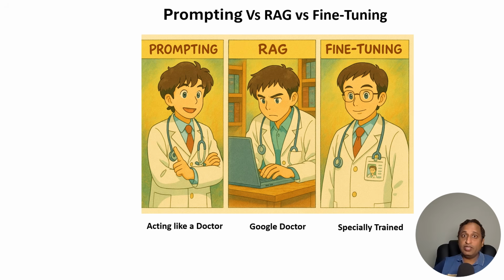While this is great, a lot of times you might get data which is not relevant to the context, depending upon how you store and chunk the data. The next one is fine tuning. It is like you are actually a specially trained doctor instead of a doctor who Googles and then gives information. That's the difference between prompting, RAG, and fine tuning.